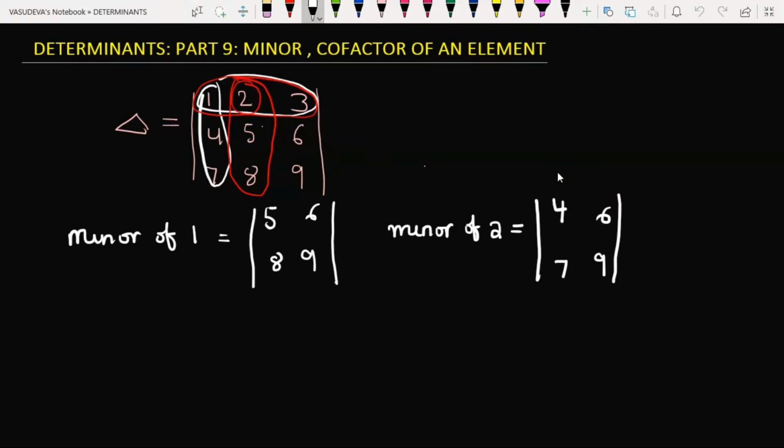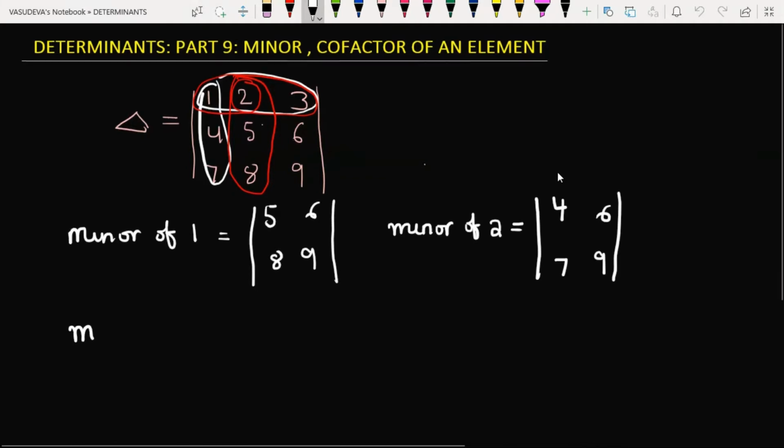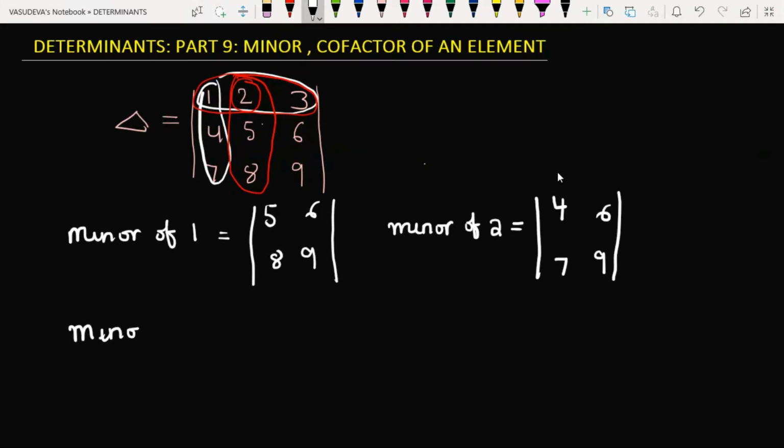Now let's take some more examples. Minor of 6 now. So 6 lies in the second row and the third column.